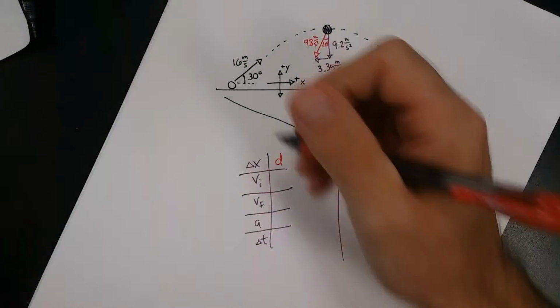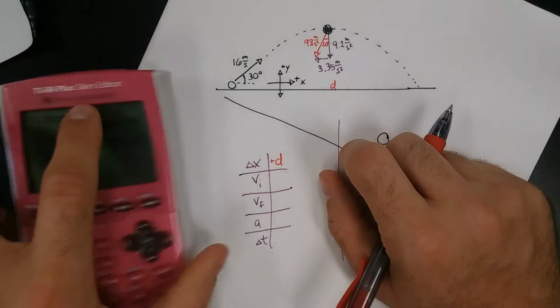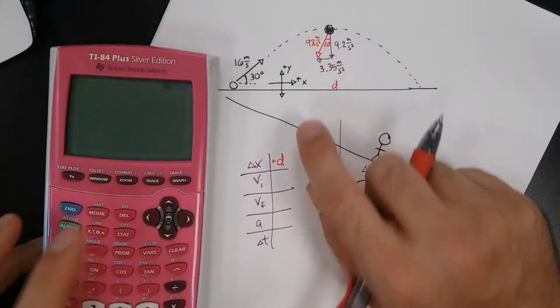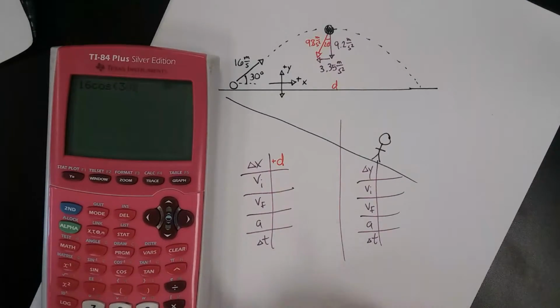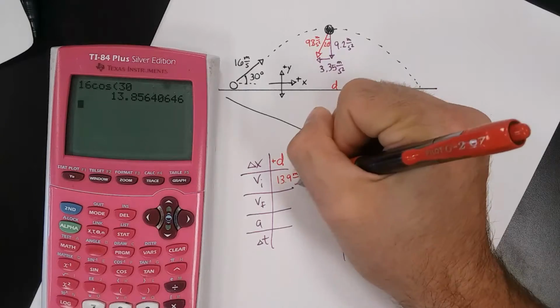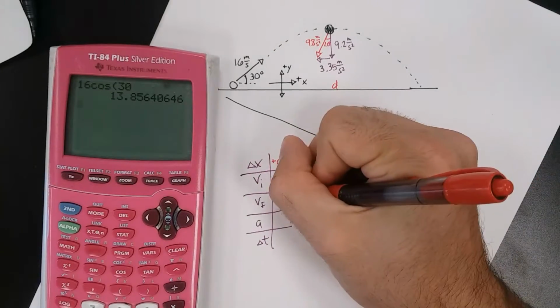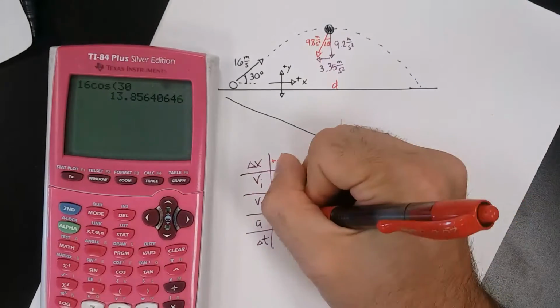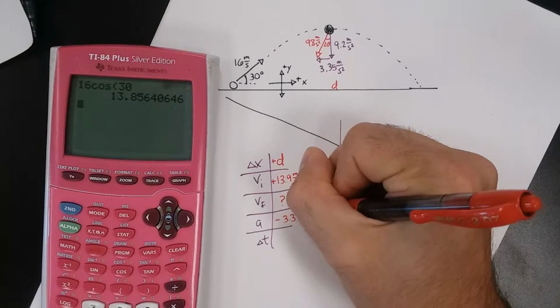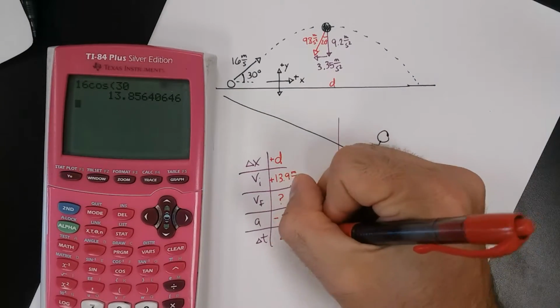It travels that way, plus d. V initial in the horizontal is 16 cosine 30, and that's 13.9 meters per second. I don't know the final velocity. The acceleration is negative 3.35 meters per second squared, and I don't know delta t.